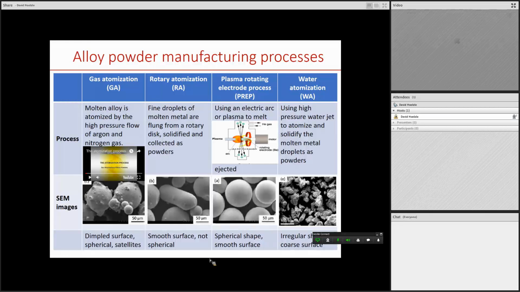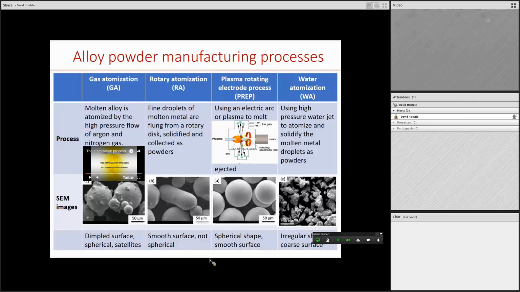For example, the gas atomization generates powders with deeper surface, and there are some small particles as satellites, which also increase the cores in the surface. Then the rotary atomization, the powder of that has smooth surface, but it's not spherical.